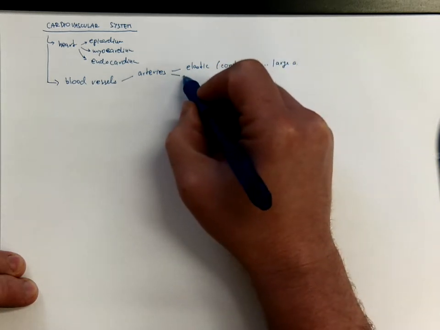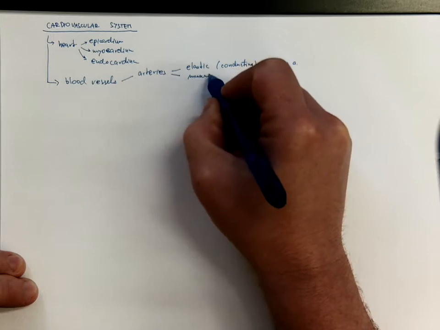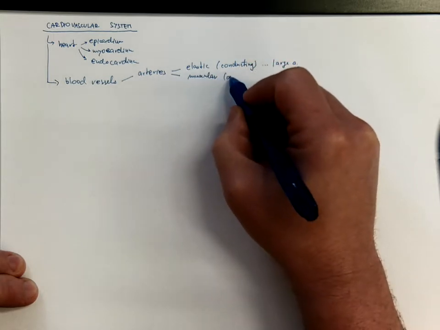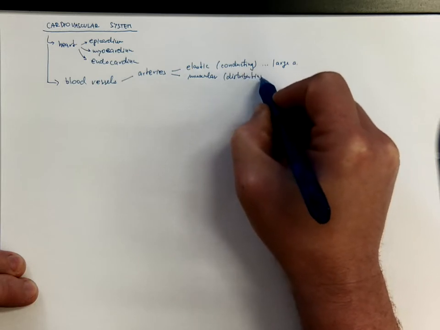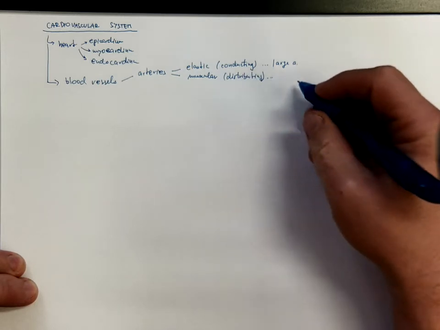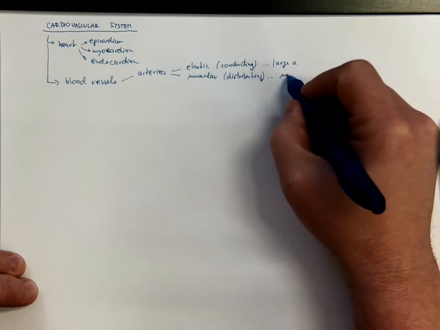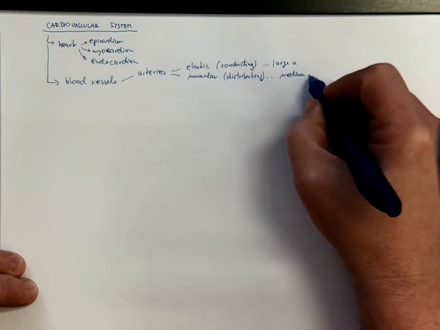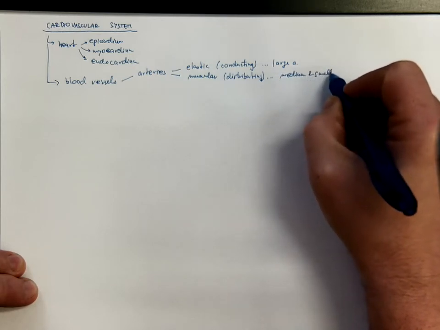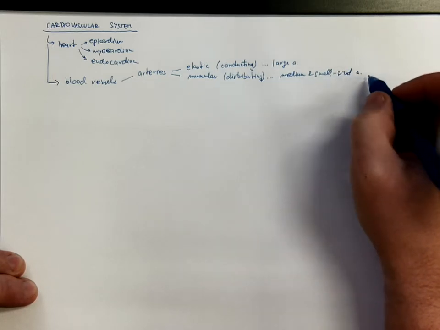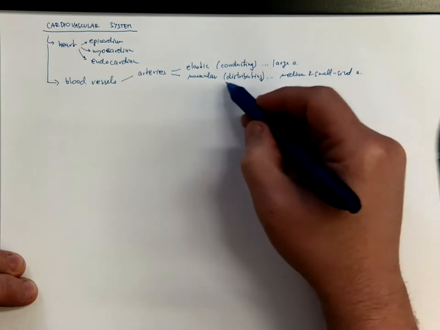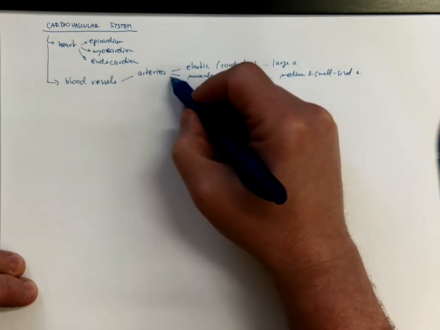Then we got muscular arteries distributing the blood. These are all the medium and small size arteries. In the human body, most of the arteries you know by name are muscular from histological point of view.